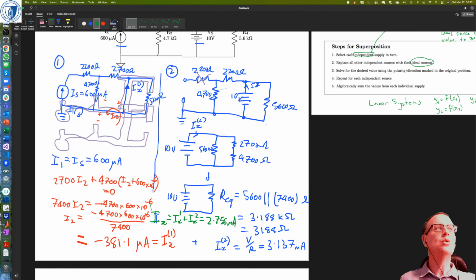We sort of did one loop of mesh analysis in the first half of the circuit, and I could have done mesh analysis in the second half, but I noted that it was just a 10 volt voltage source going into some resistors in parallel, and we're interested in the total current, so it was going to be easier to just figure out the equivalent resistance and calculate the current using that equivalent resistance and the voltage value. Any questions about that one?